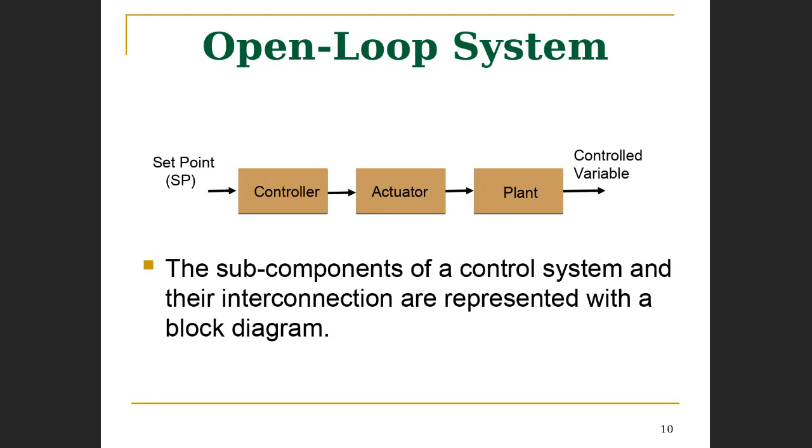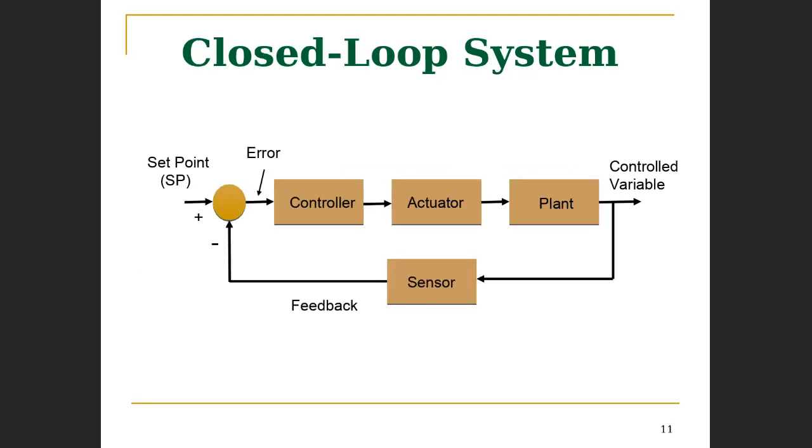Let's now look at what the closed loop system looks like. So here we're seeing the closed loop system, and there are some similarities in terms of the subcomponents. We have the controller, actuator, and the plant being common to both. However, the aspect that is different is the sensor.